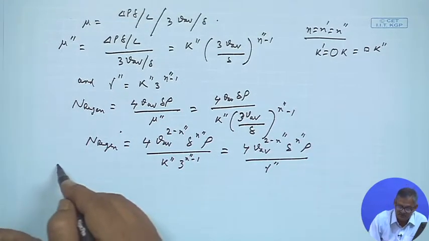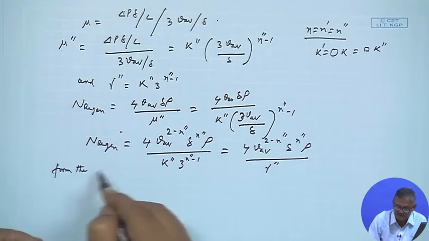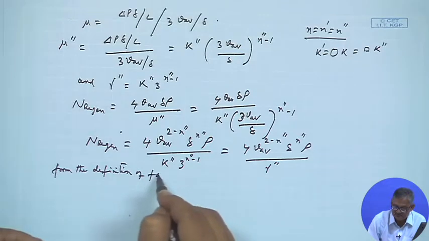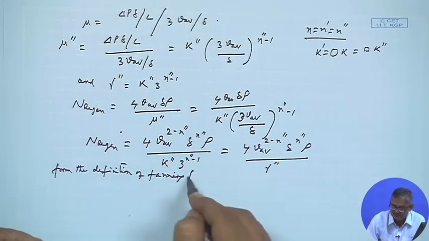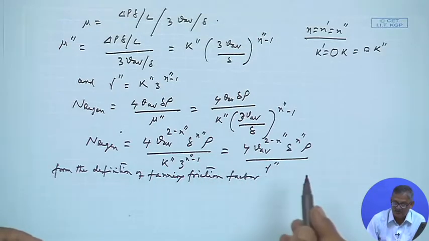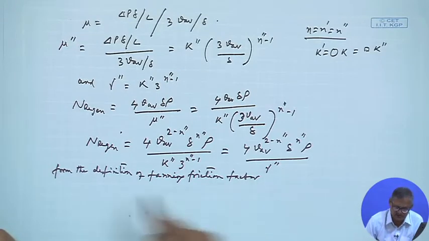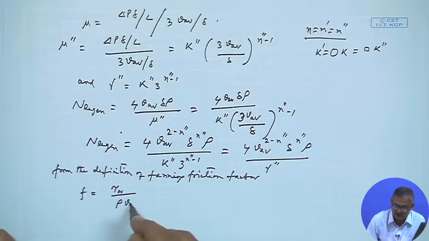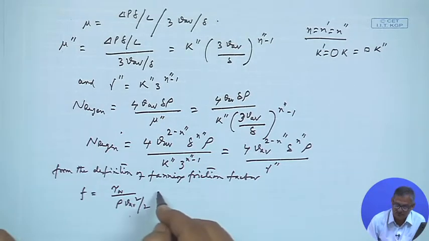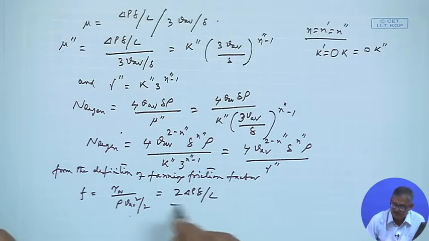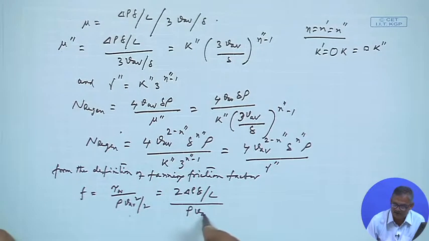So from the definition of the Fanning friction factor, we can write F is equal to tau at the wall divided by rho V average square divided by 2, that is 2 delta P del by L by rho V average square.